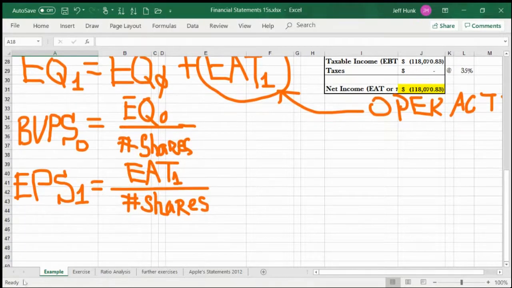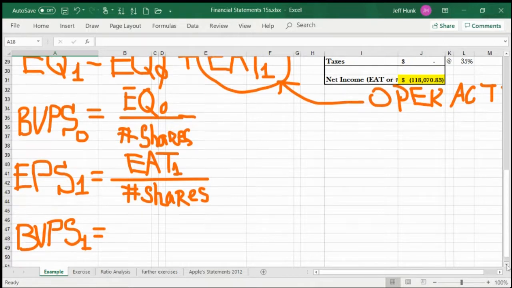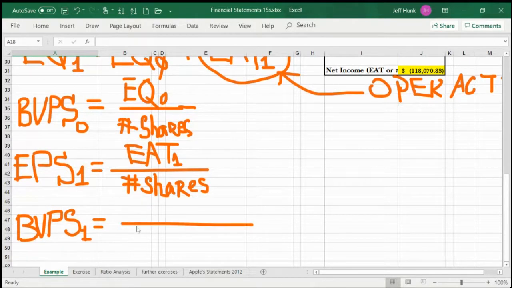Then now think about it. What's going to be the book value per share at time one?